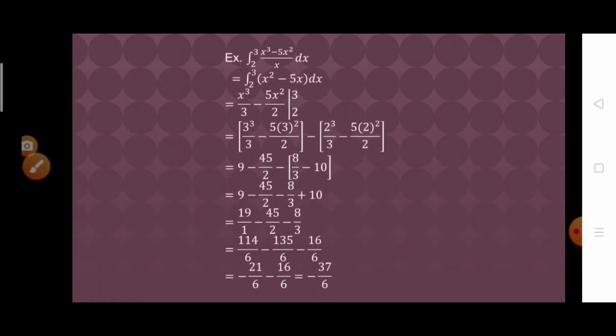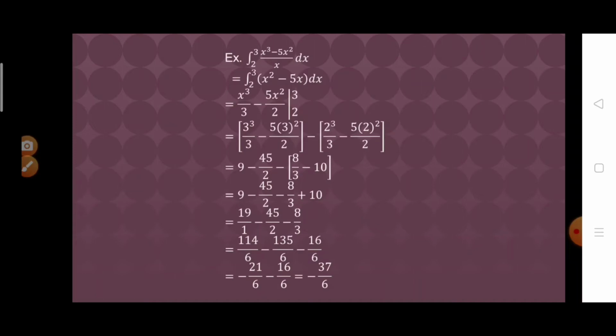So we have the next example. Let's find the antiderivative of x cubed minus 5x squared over x dx evaluated from 2 to 3. So in this function, we have to simplify first.